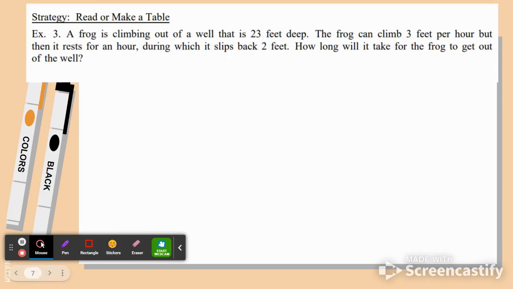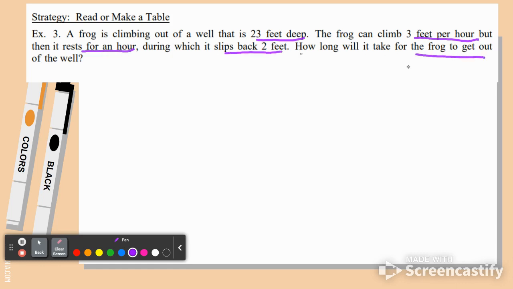And then our last example here, we're going to make a table. So first thing I've got to do is read my problem, figuring out what I'm going to find. It says a frog is climbing out of a well that is 23 feet deep. The frog can climb 3 feet per hour, but then it rests for an hour, during which it slips back 2 feet.